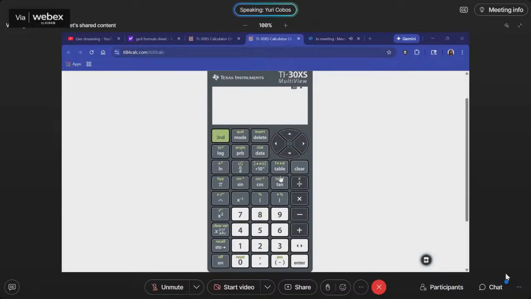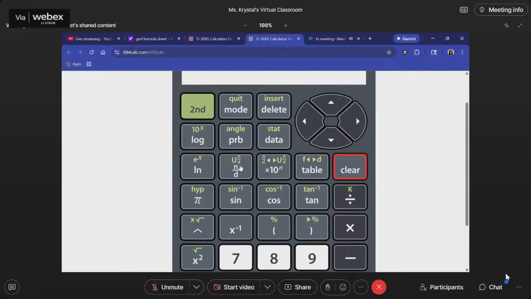I've written down the numbers, but help me if I get it incorrect. All right, so we have 2. Just clear. I'm going to hit the fraction button first because this is a fraction.